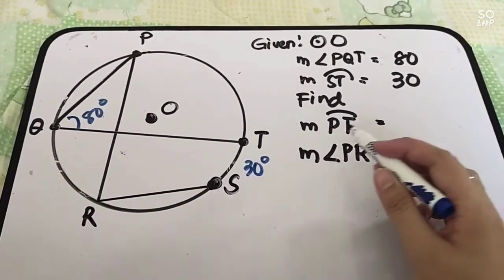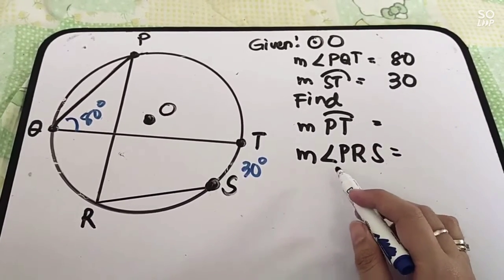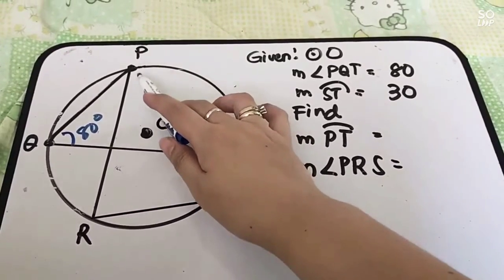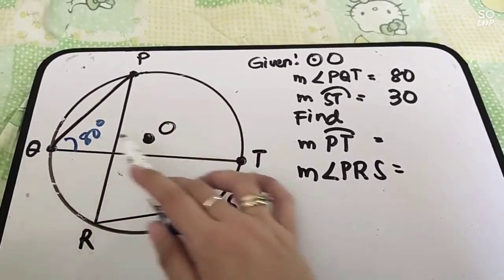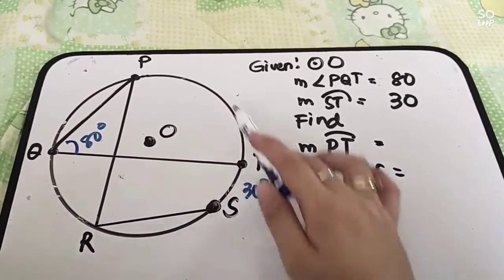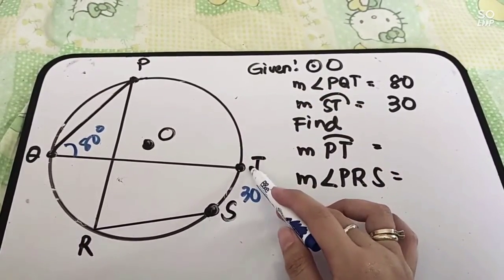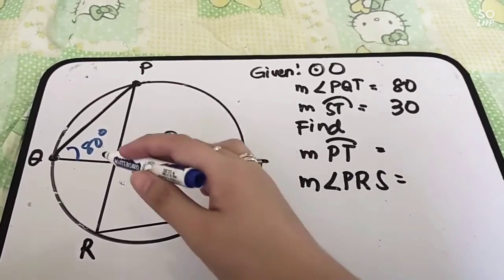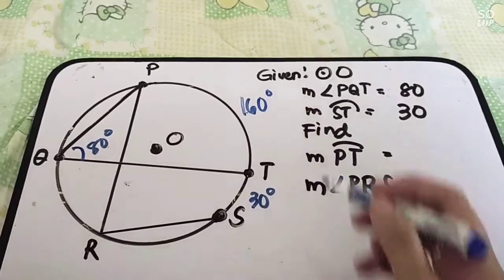We are going to find the arc PT and the measure of angle PRS. Since PQT is an inscribed angle, etong nabuo niyang arc, ang kanyang intercepted arc, therefore, is twice ng kanyang inscribed angle. So, 80 times 2, this is 160 degrees.